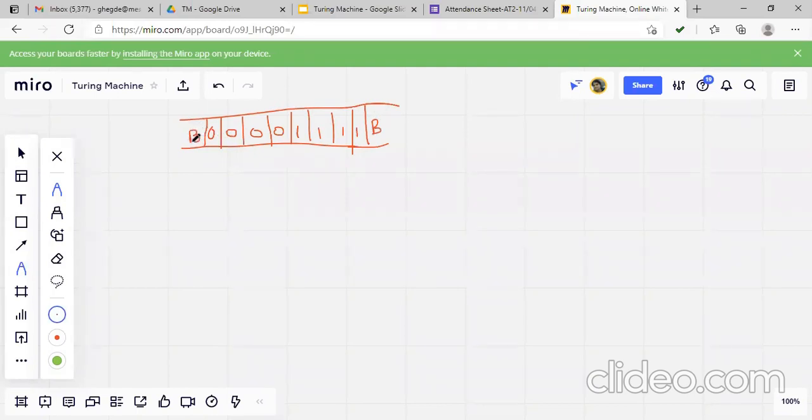Okay, this is how the input is stored. All of these, we assume that they are blank. Now we always start from here, right? The first element. Okay, we'll start.